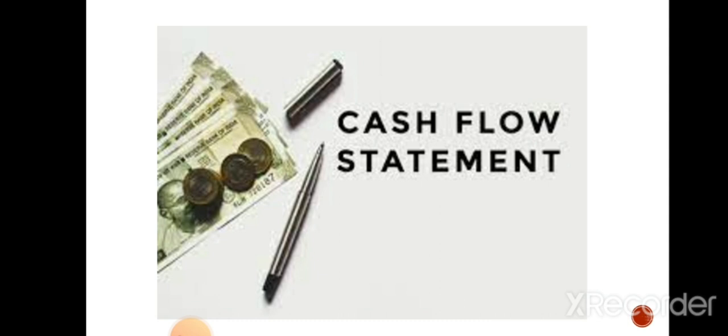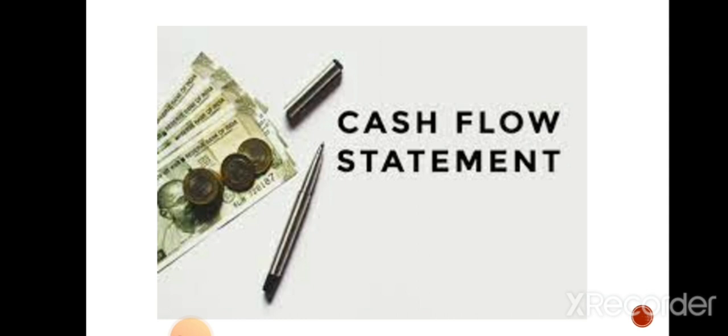Some examples of cash flows from operating activities are cash receipts from the sale of goods and rendering of services, cash receipts from royalties, fees, commissions, and other revenues, cash payments to suppliers of goods and services, cash payments to and on behalf of employees, etc. I'll be explaining this in detail while taking up cash flows.